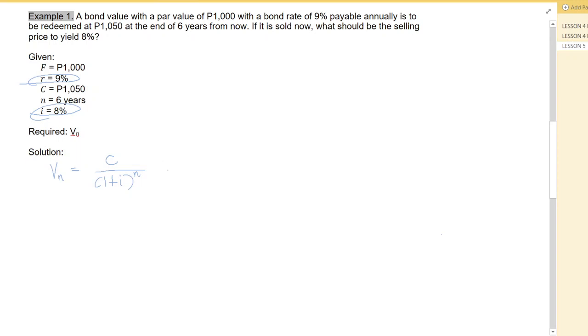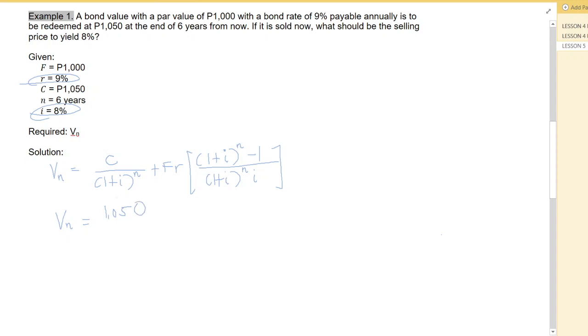And then plus F, that is the par value or the amount stated on the bond, multiplied by R, which is the bond rate, and that is multiplied by 1 plus the yield interest rate raised to periods of redemption minus 1, and then divided by 1 plus yield interest rate raised to the years of redemption multiplied by the yield interest. Okay, so we just have to substitute the values there, that is equal to 1050.